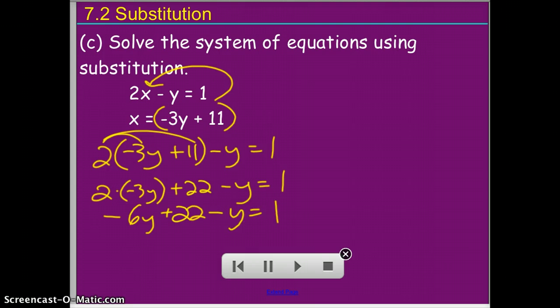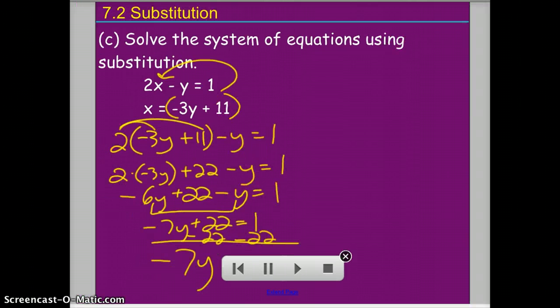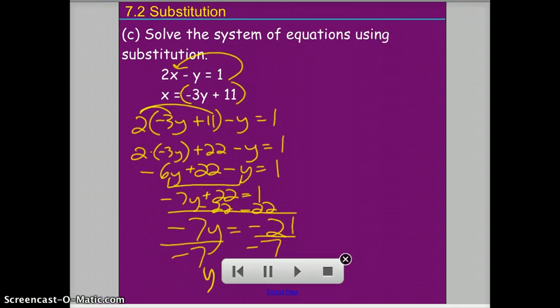Combine like terms. Negative 6 minus 1 is negative 7. Negative 7y equals negative 21, I apologize. So y equals positive 3. So our ordered pair up top here, the y coordinate is positive 3.